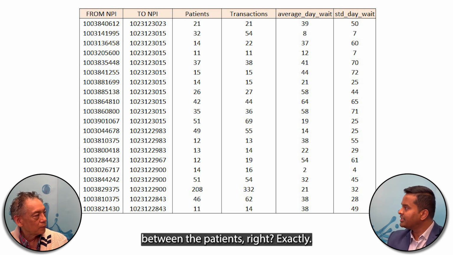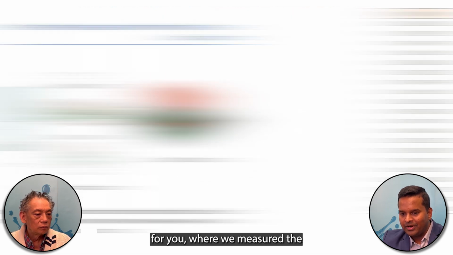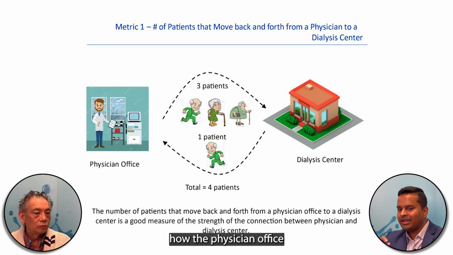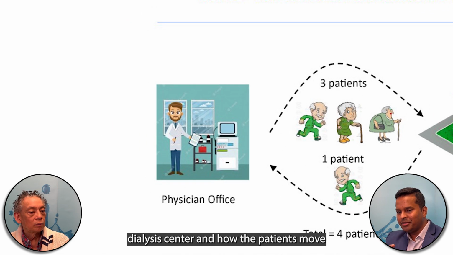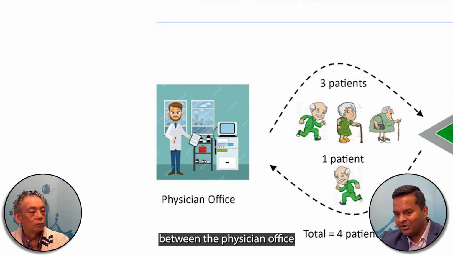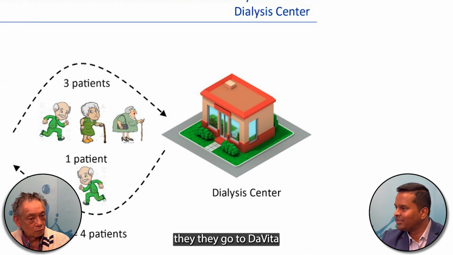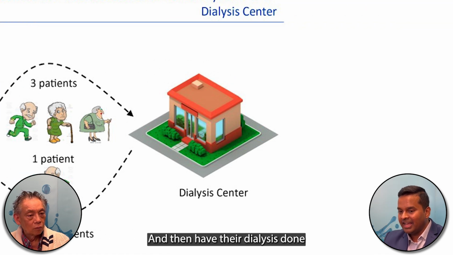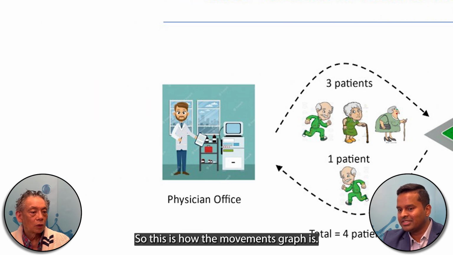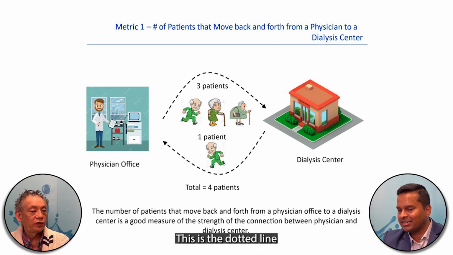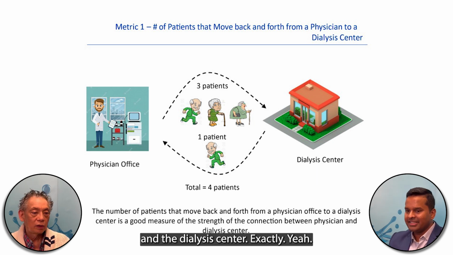That's how we have a use case for you, where we measured how the physician office has a preferred dialysis center, and how the patients move from the physician office after they meet the urologist, and then they go to DaVita or Fresenius, have their dialysis done, and then go back. So this is how the movements graph is constructed. This is the dotted line affiliation between the physician and the dialysis center. Exactly.